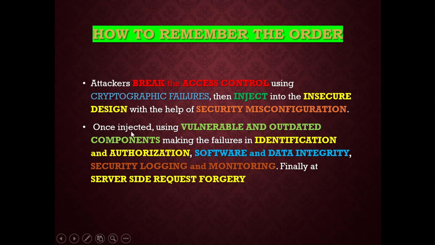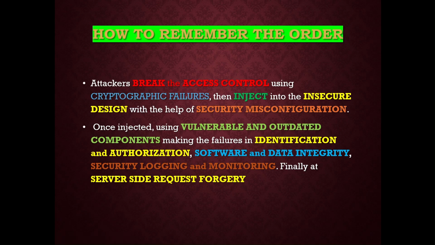Once injected using vulnerable and outdated components, they will cause failures in identification and authentication, software and data integrity, and security logging and monitoring. Finally, with server-side request forgery, they will make it. If you read this sentence, you can remember the order from top 1 to top 10.